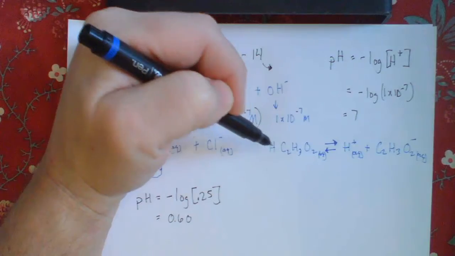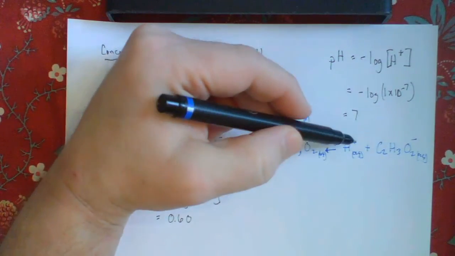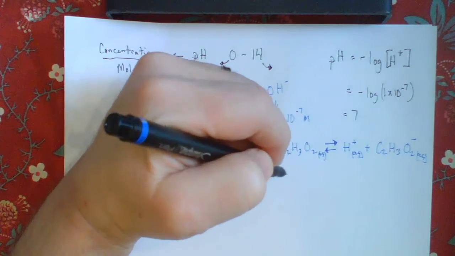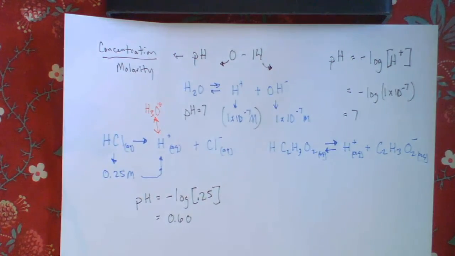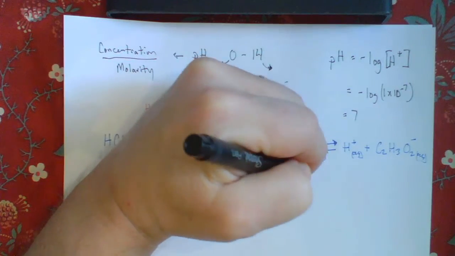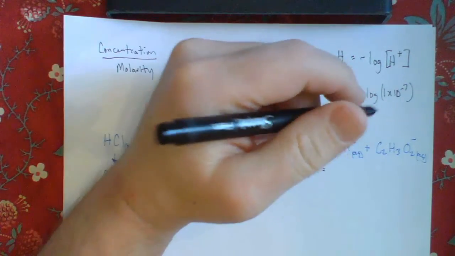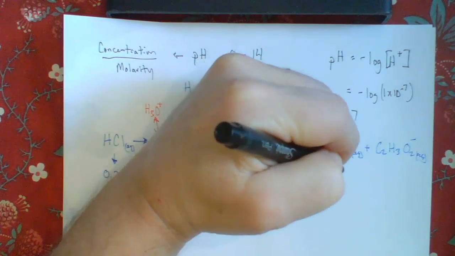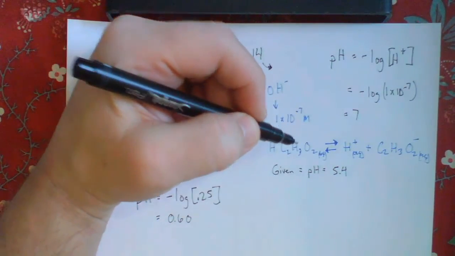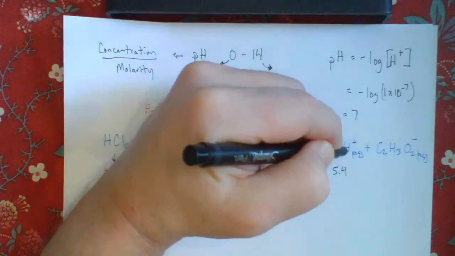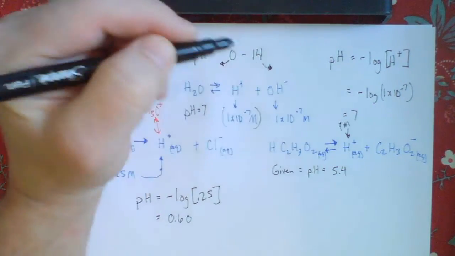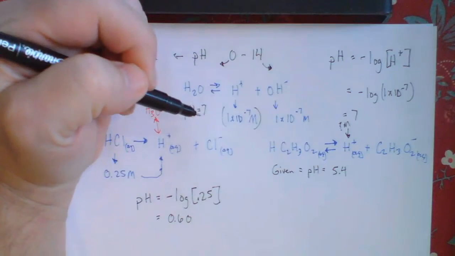Now the problem is that not all of it transforms into this. So maybe we have something that has a pH. We might be given that the pH of our solution is equal to 5.4. So we have a vinegar solution at 5.4. Let's figure out what the concentration is of that hydronium ion, or that hydrogen ion.